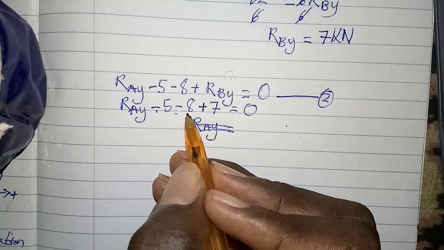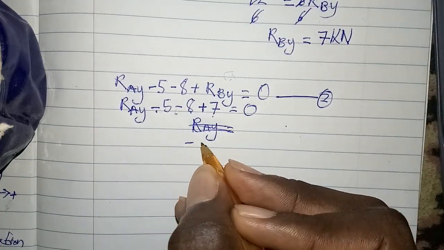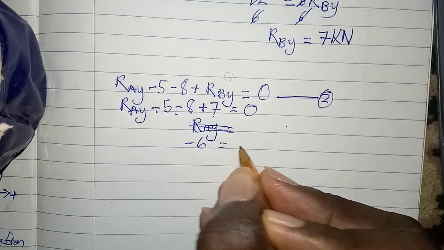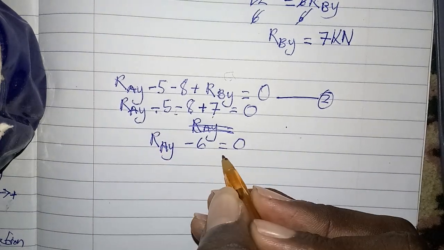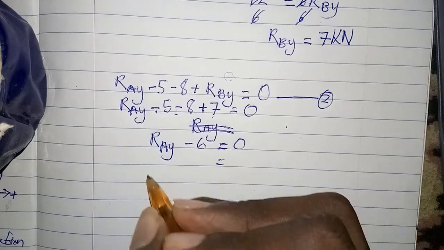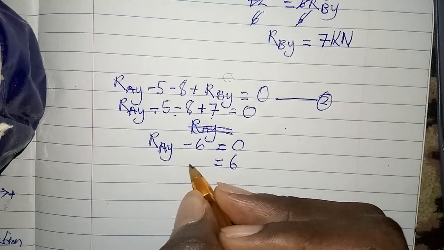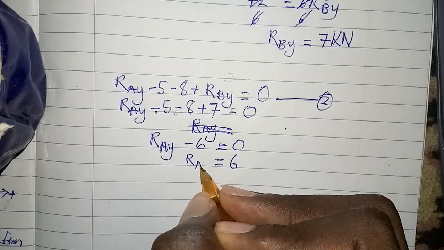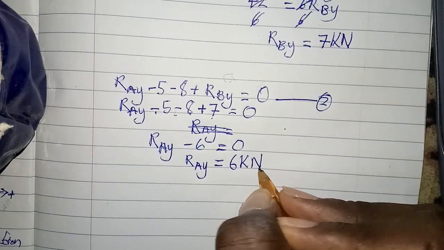Negative 5 minus 8 plus 7 is negative 6, so negative 6 crosses the equal sign to become 6. So RAY is 6 kilonewtons.